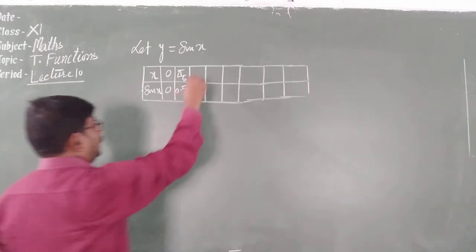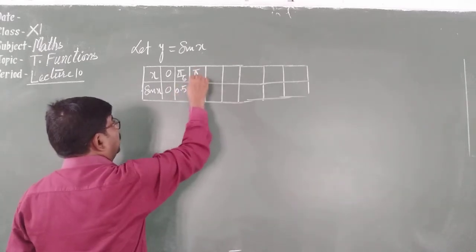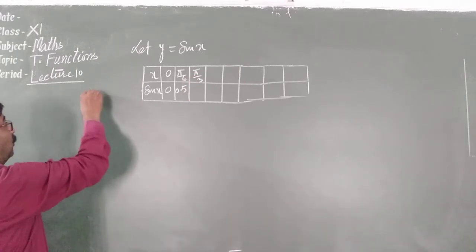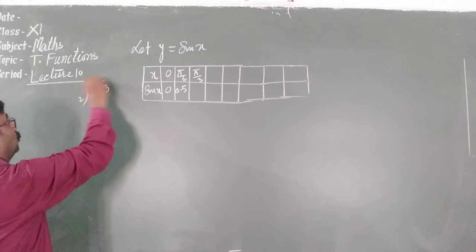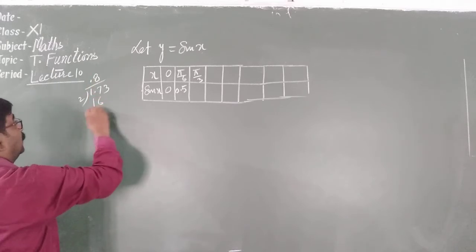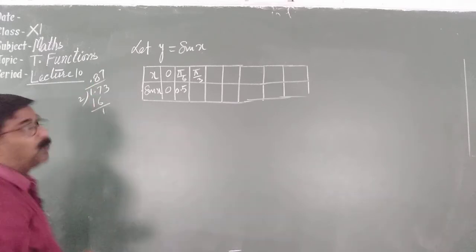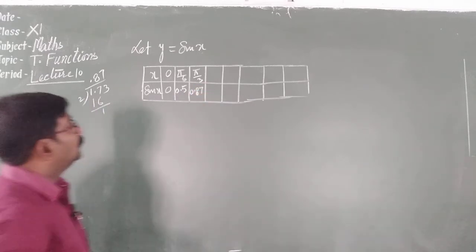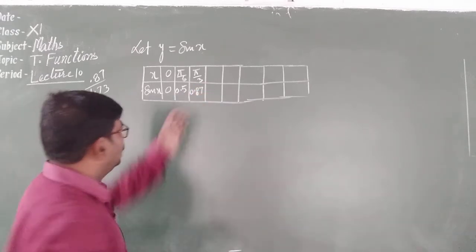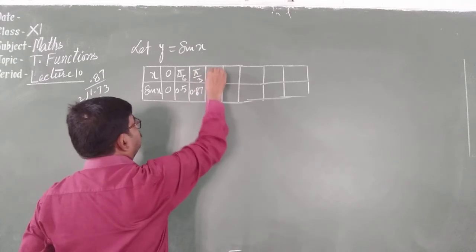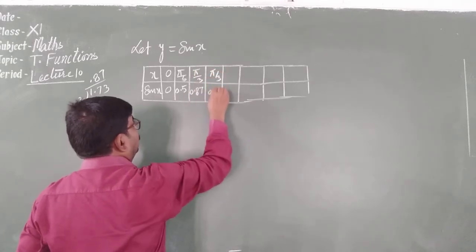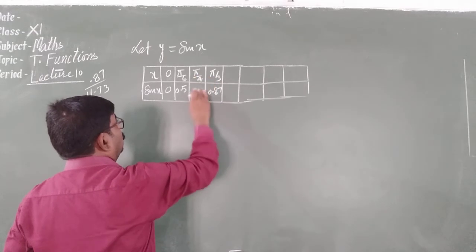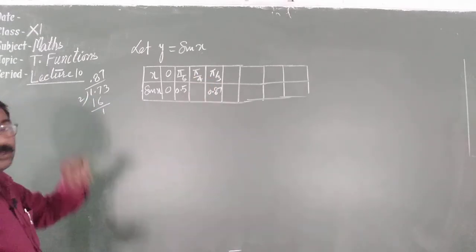Sin 60 degree, which is pi by 3, has value √3 upon 2, that is 1.73 divided by 2, about 0.87. Then 45 degree, which is pi by 4: its value is 1 by √2.